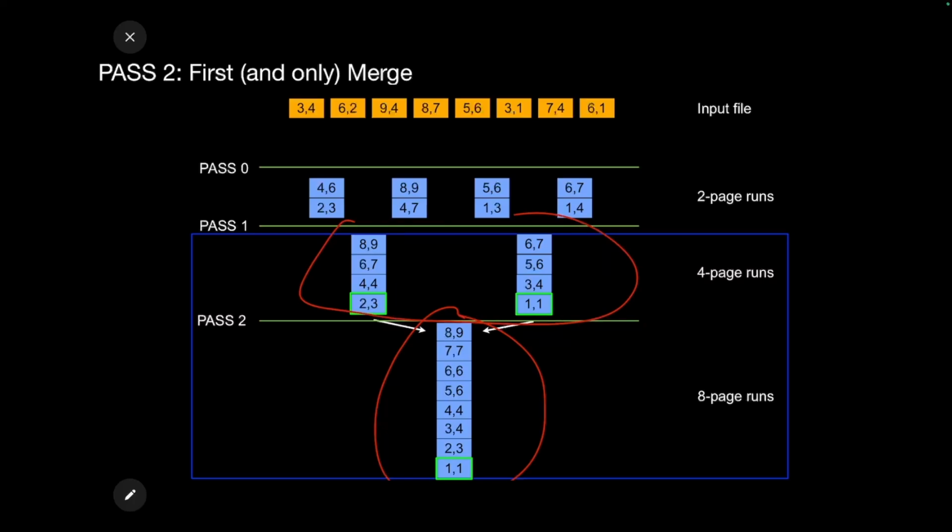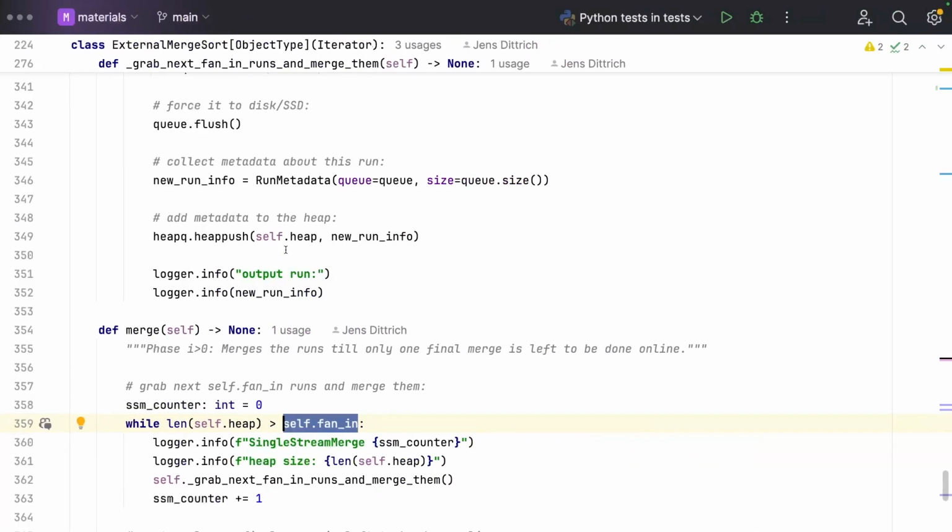Now I have my two runs on disk, let's assume it's on disk, and I don't merge the stuff. Why would that make sense? I'll give you a hint.